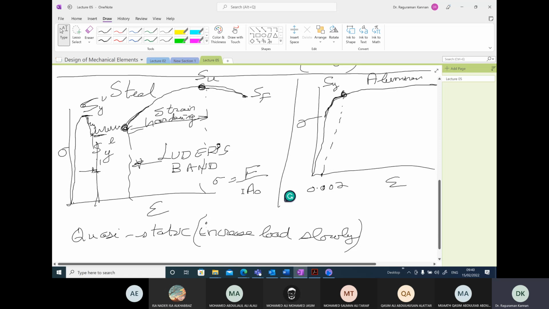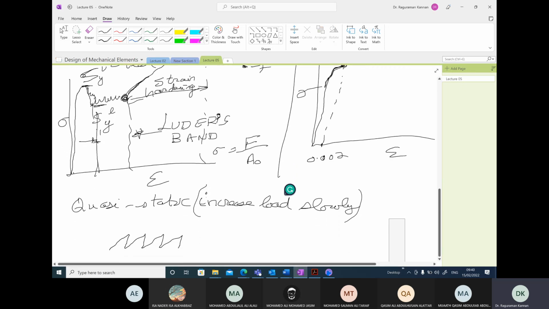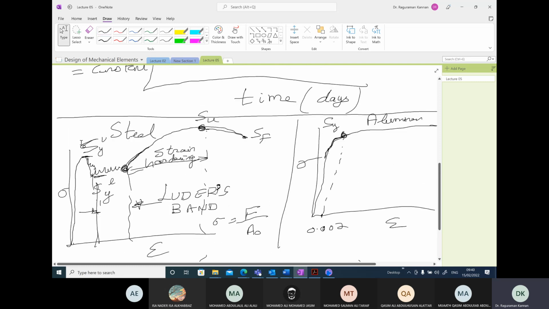Why? Because since the area of cross section is significantly decreasing, we cannot use this area. That is the definition of true stress. So if we define true stress as F over the instantaneous area of cross section, and now you plot the true stress here, you are going to see completely different behavior. Let's draw it in red color.